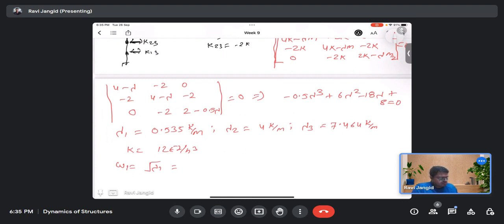Let me write it. 2.53 square root of EI by M H cube. Similarly, can you find out omega 2 and omega 3? Please find out omega 2 and omega 3 in terms of EI, M, and H. And after that, we need to find out the mode shapes.